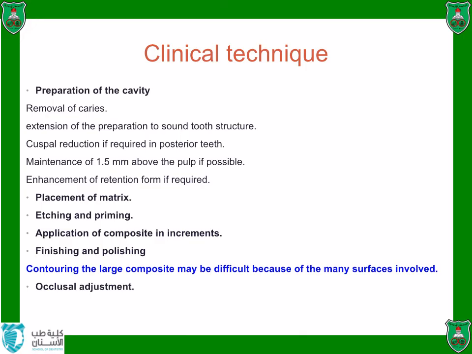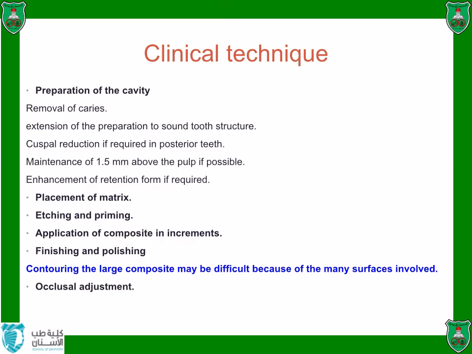Now, the good thing with composite is that they are more user-friendly than amalgam. You can modify them, contour large composites after you finish. After you make light curing, you will make your normal anatomy and adjust the occlusion.